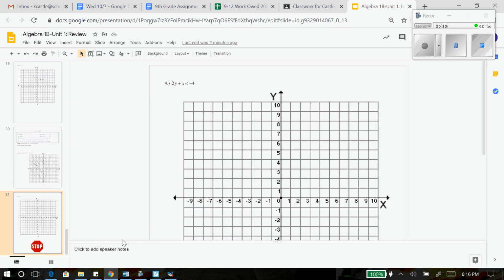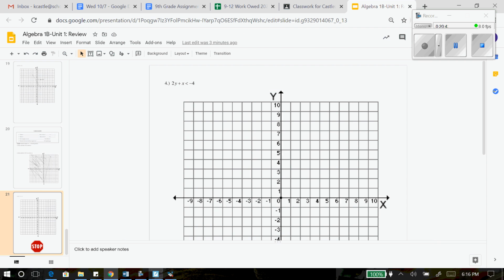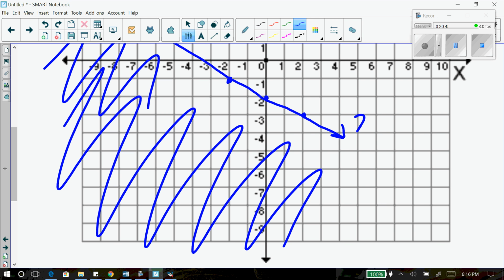Okay. Make sure you have arrows on both sides. The shading is correct. You should be labeling it. y is less than negative 4 minus x over 2. And that is it, okay?